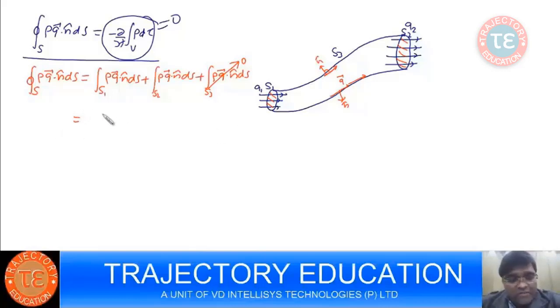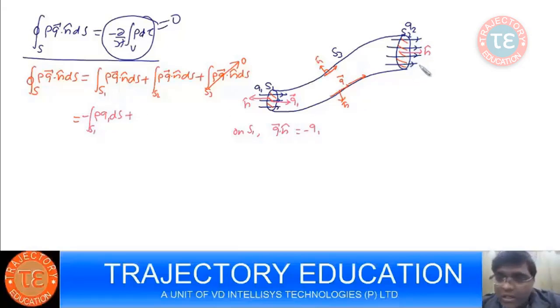So across S1, N is an outward drawn normal. This is going to be our N and this is going to be our N. And Q is this. This is your Q, let's say Q1. So Q dot N on S1 is minus Q1. So it is minus rho Q1 dS.